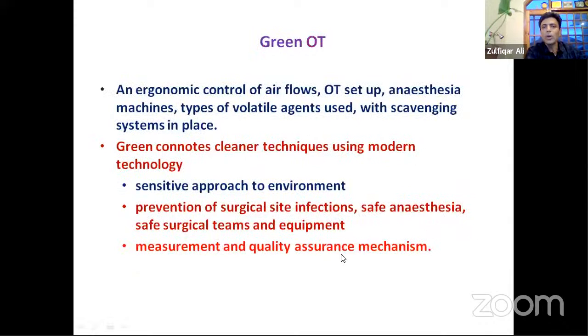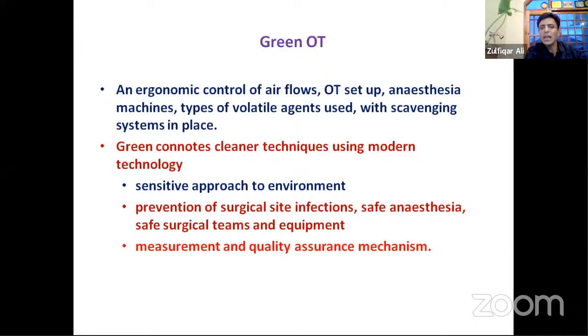Then we have the green operating rooms. Green operating rooms will be the future of all anesthesia working environments, and this is what we should focus on in the next years. It's an operating room where we have an ergonomic control of airflow.